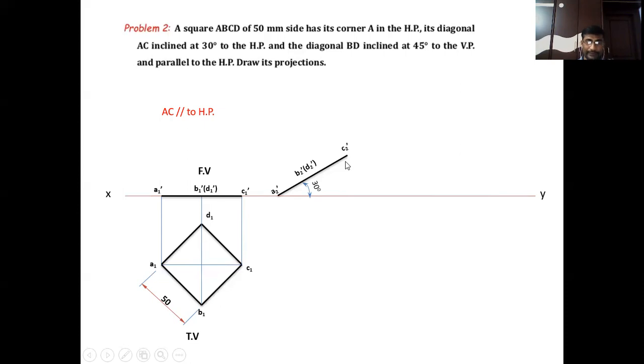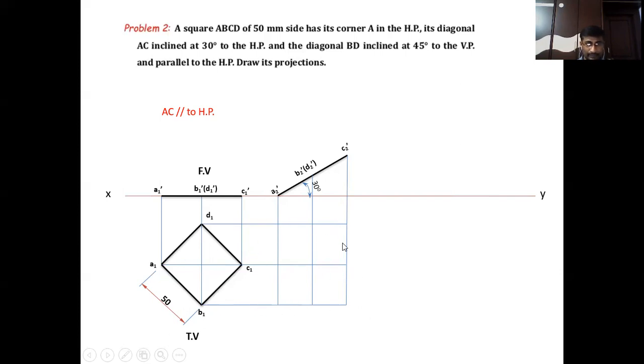From those points, we have to draw projectors. From each point of the front view, draw vertical projectors towards below the XY line and draw the horizontal projectors from the first stage front view. These are the projector lines from each point of the first stage front view.